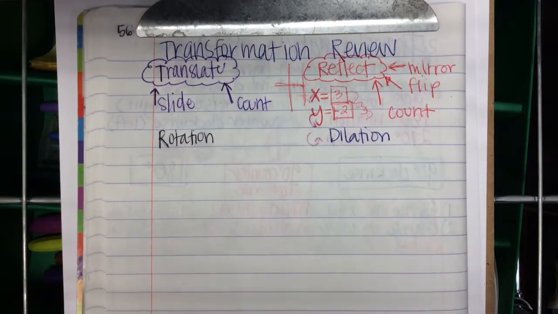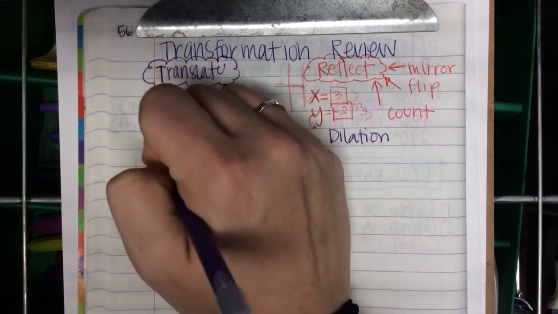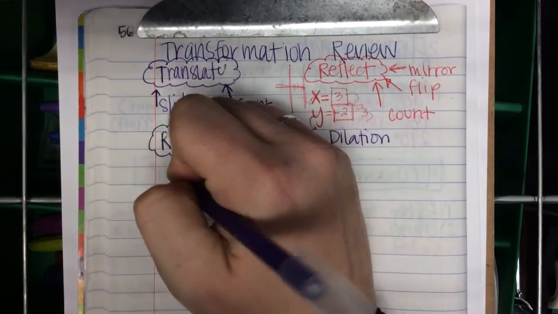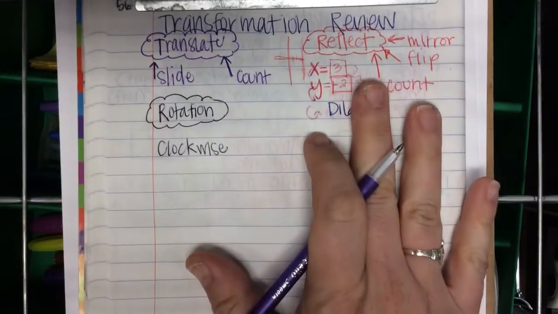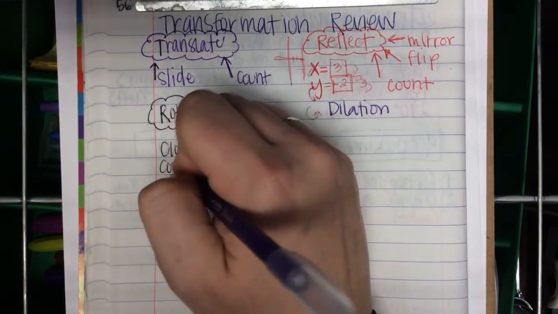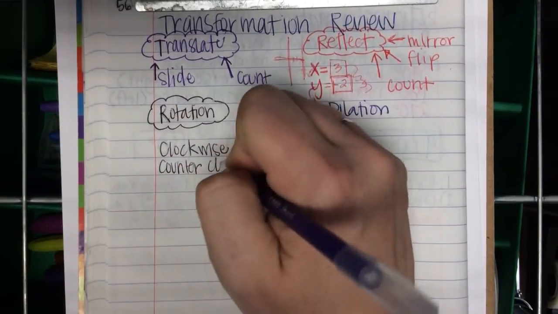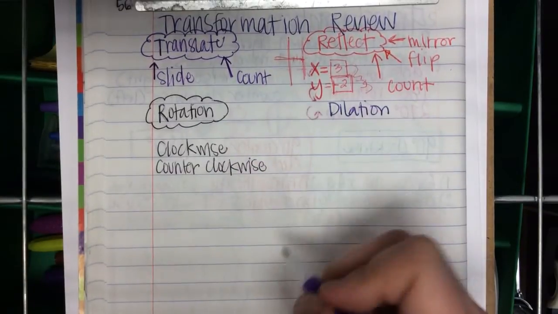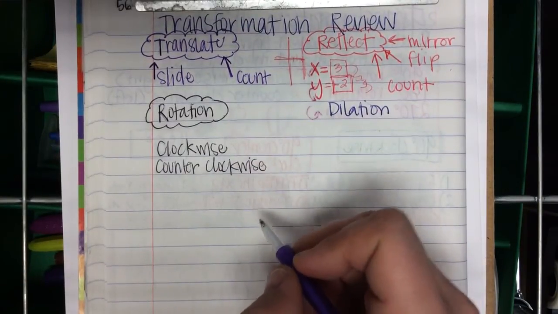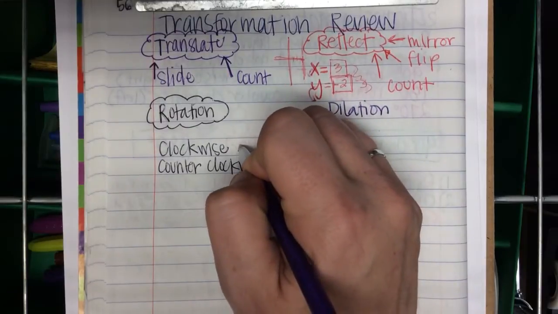Rotation was the most difficult because you had to memorize the rules. In rotations, you had to be able to tell the difference between clockwise and counterclockwise. Which way is clockwise? The way a clock goes.